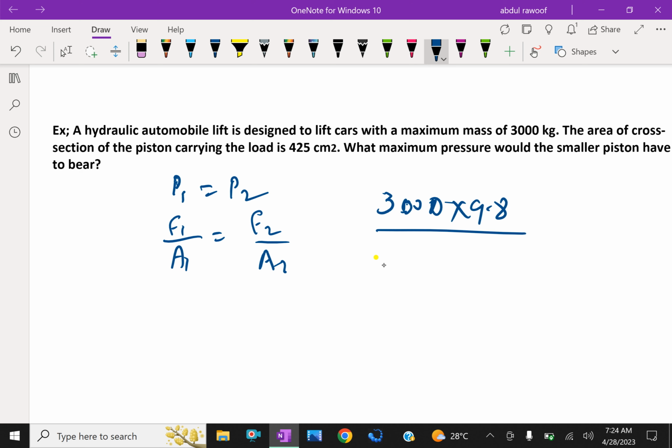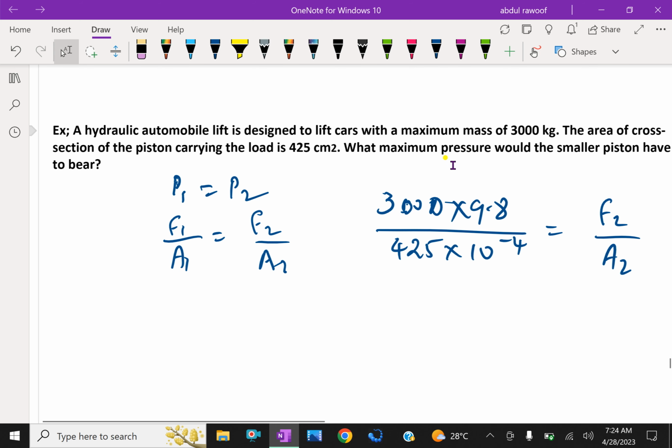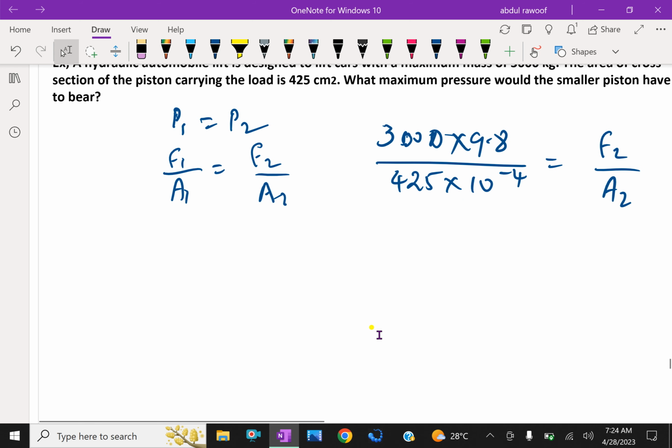Area is 425 centimeter square, which is 425 into 10 to the power of minus 4 in meter square, equal to F2 by A2. We have to find what maximum pressure the smaller piston would have to bear. So we have to calculate F2 by A2.